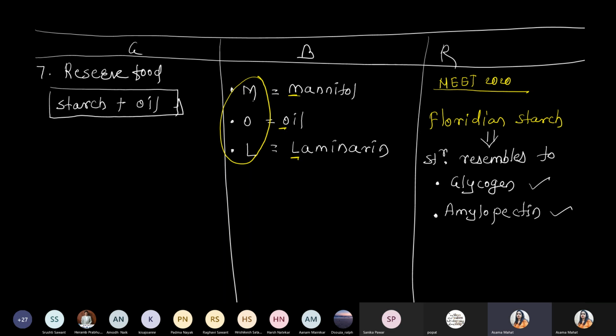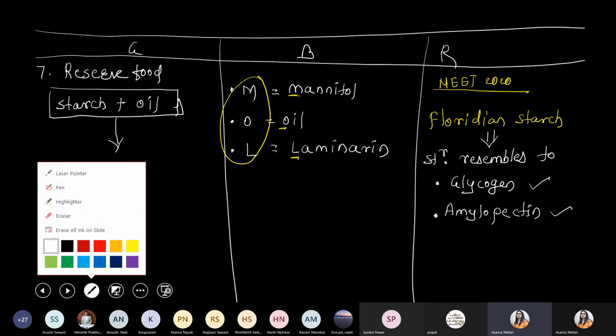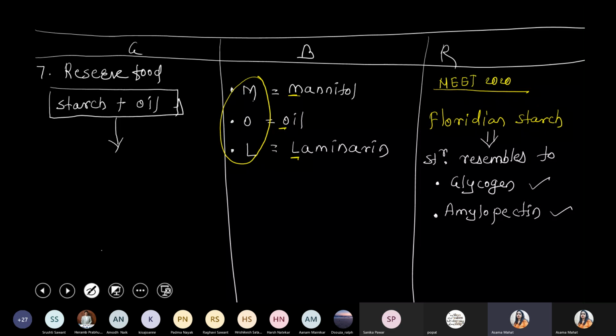Okay, Sanjana. Chalo. So next part, there is one question with respect to reserved food material. When we are talking about reserved food material in the green algae, one is starch, another is oil, right? Now, inside that green algae there is a presence of a starch storing body-like structure.